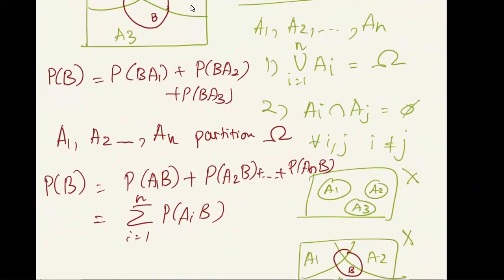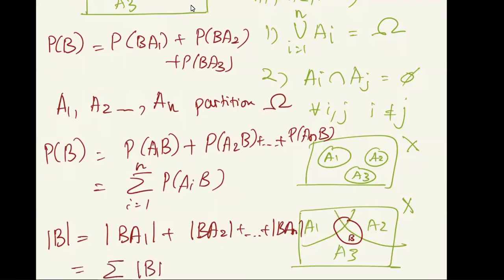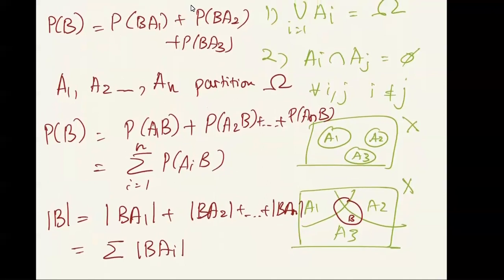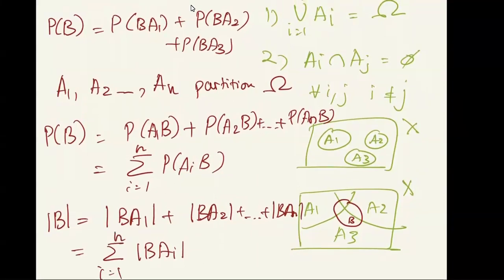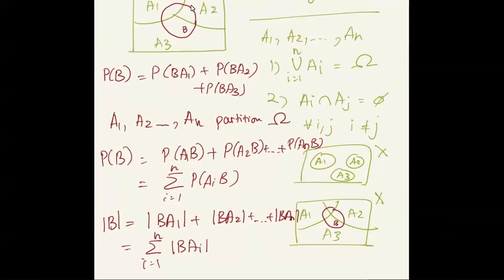And the same goes with the cardinality of B. It would just be the cardinality of B intersect A1 plus the cardinality of B intersect A2 up until B intersect AN. Then this would be the cardinality of B intersect Ai for i ranging from 1 to N. Does this make sense?